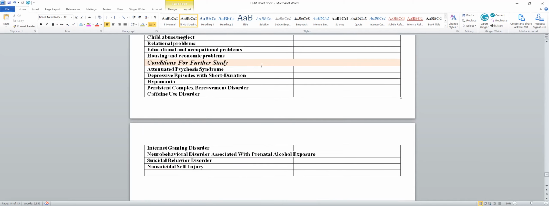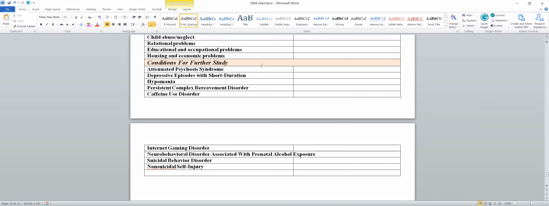And conditions for further study: attenuated psychosis syndrome, depressive episodes with short duration, hypomania, persistent complex bereavement disorder, caffeine use disorder, internet gaming disorder, neurobehavioral disorder associated with prenatal alcohol exposure, suicidal behavior disorder, non-suicidal self-injury.